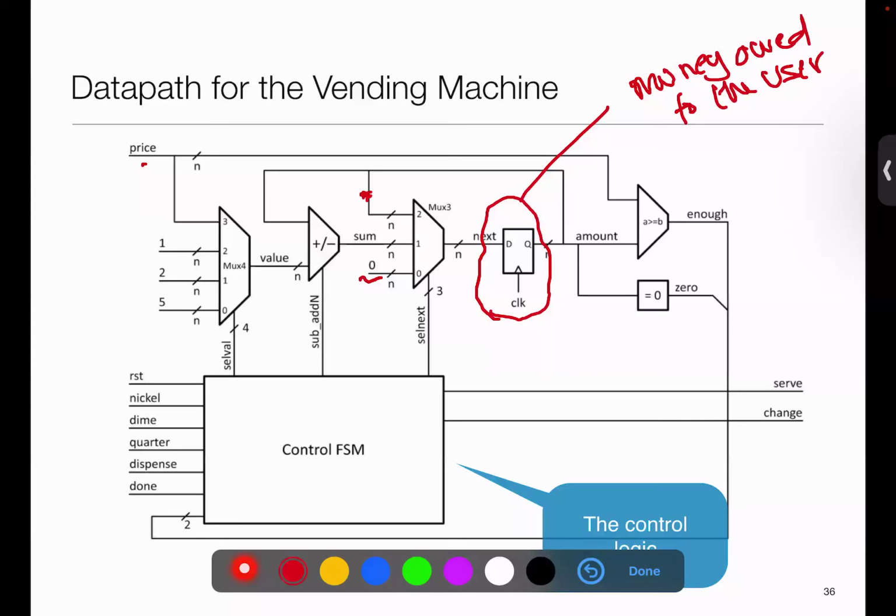And otherwise, we have to do some arithmetic. The arithmetic part is two things going on, right? One is I'm depositing my coins, and the other is I am consuming, dispensing drinks and dispensing coins. So I need to do plus or minus both, right?